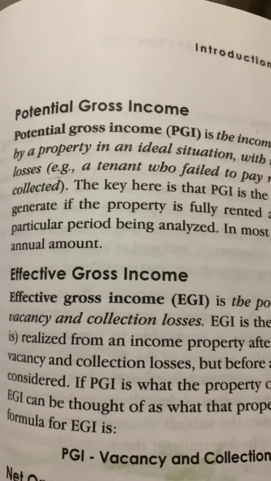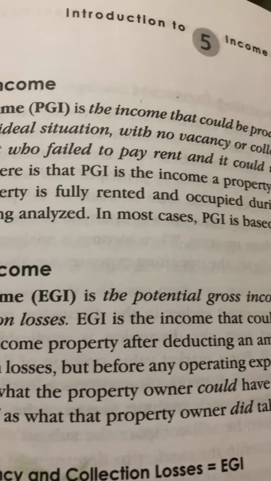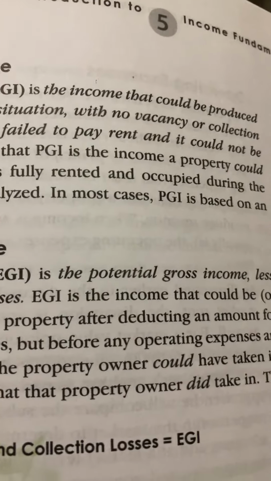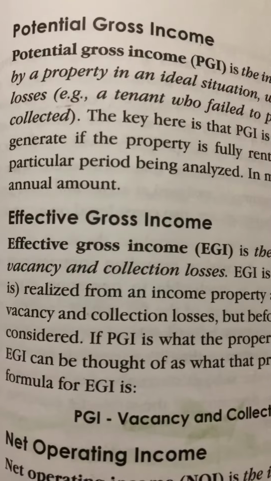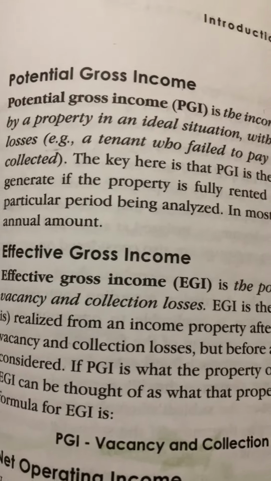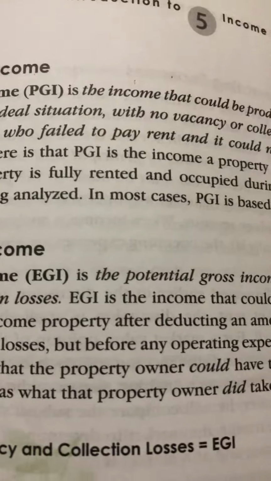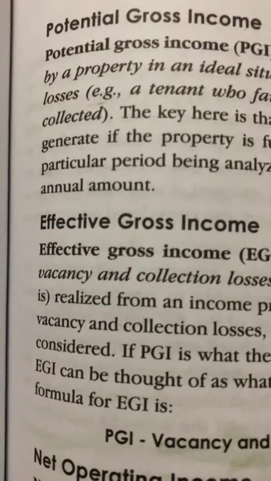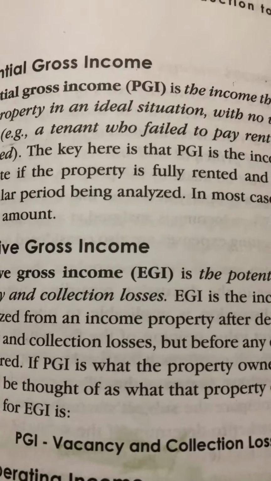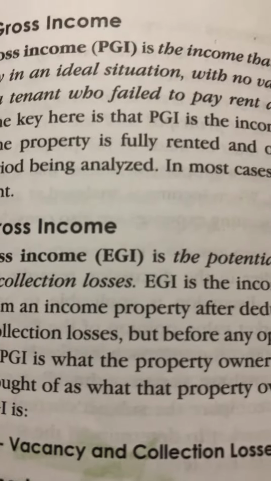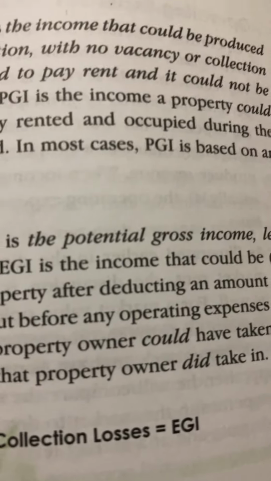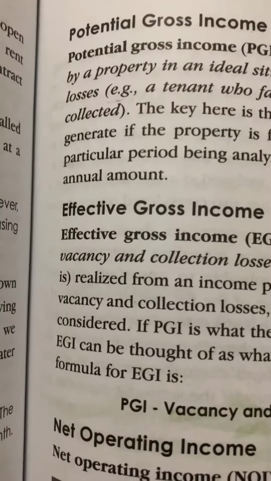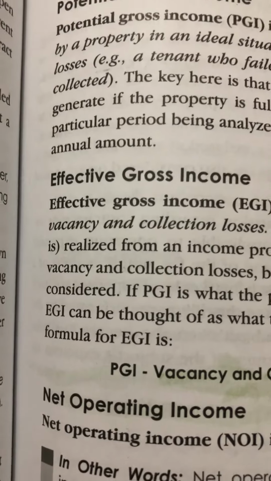The key here is that PGI is the income a property could generate if the property is fully rented and occupied during the particular period being analyzed. In most cases, PGI is based on an annual amount.